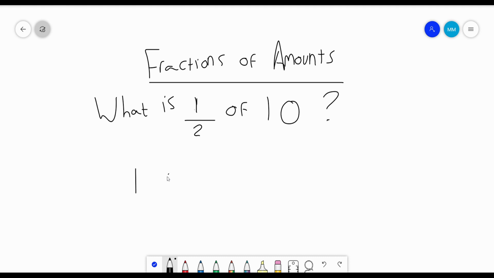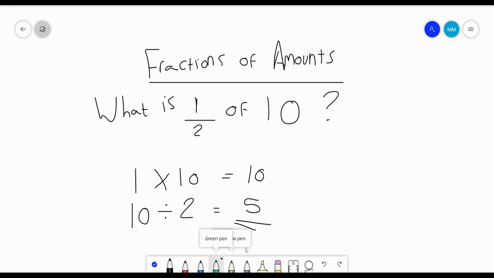Times by top, 1 times 10 equals 10. Divide by bottom, 10 divided by 2 equals 5. Answer there. Done.